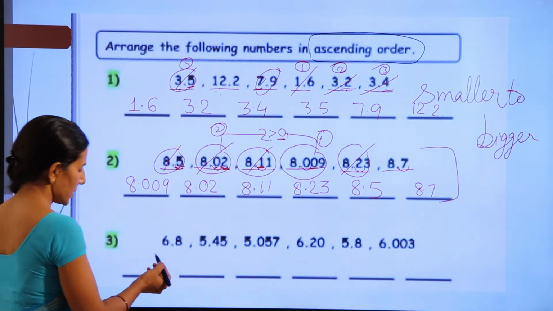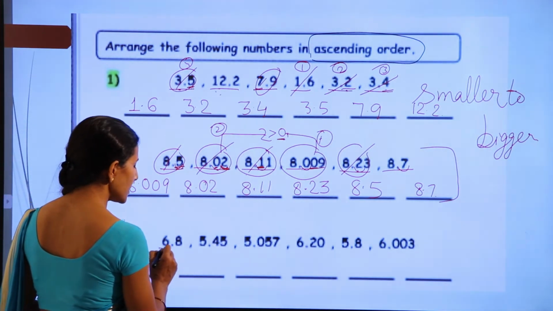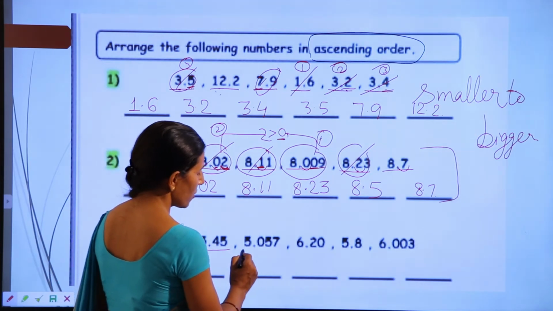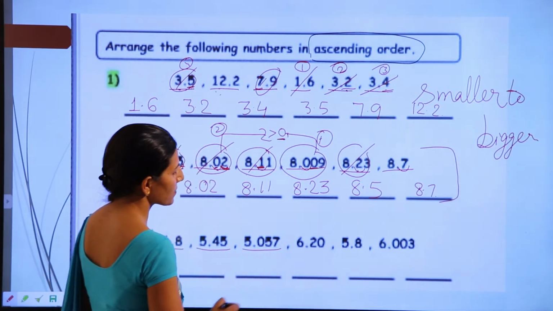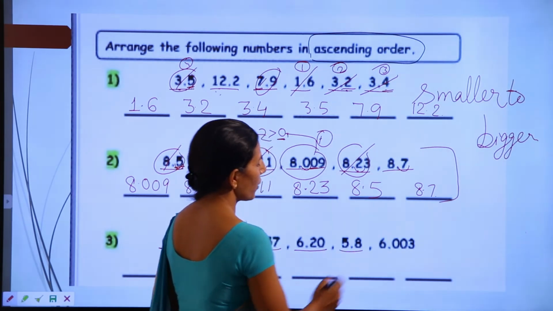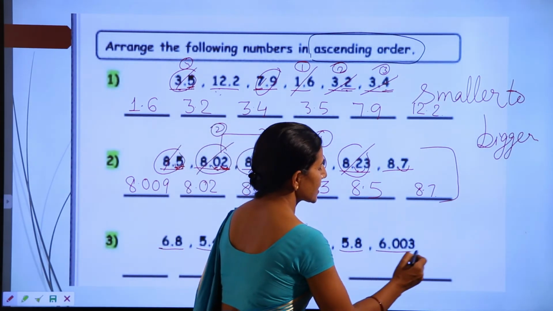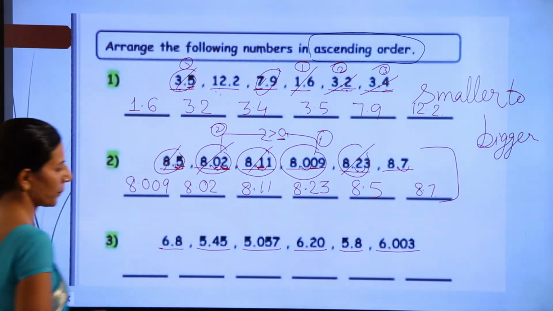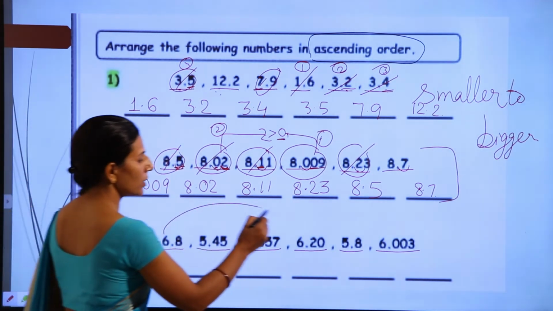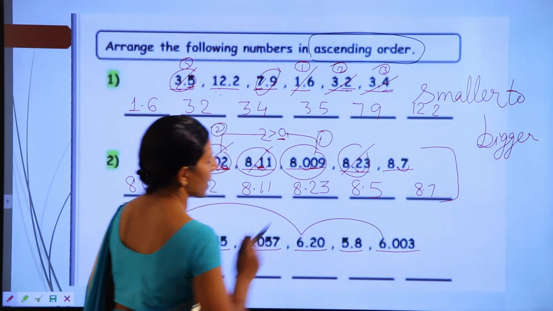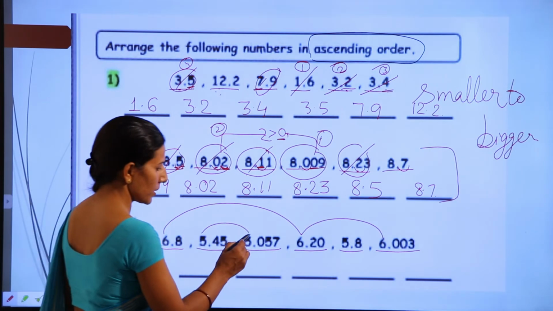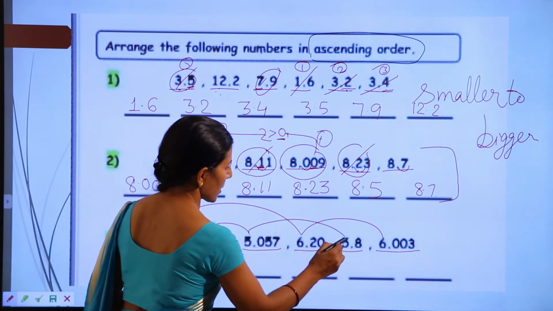So see this example. The numbers are 6.8, 5.45, 5.057, 6.20, 5.8 and 6.003. Right? If we see, the whole number in these numbers is the same. Okay? And the whole number in these numbers is also the same.